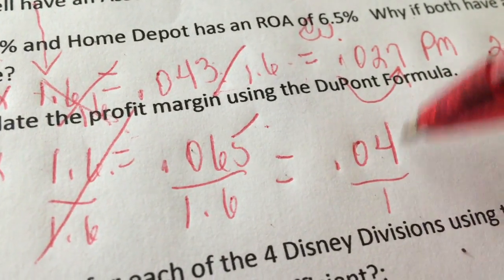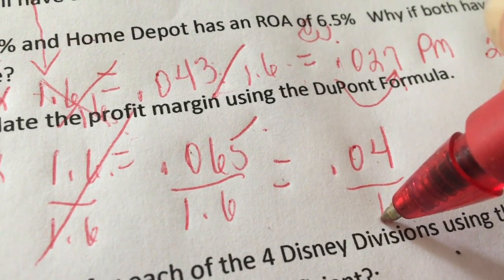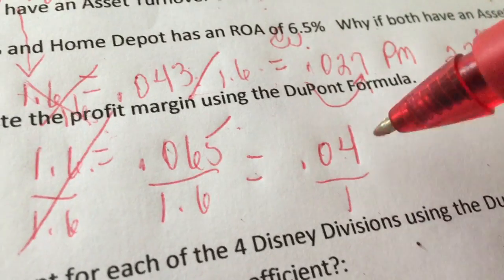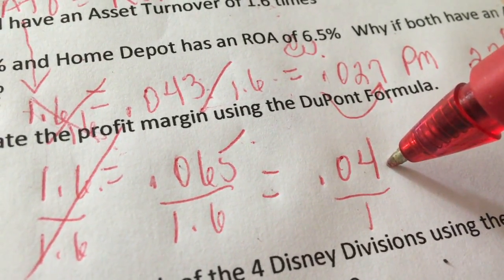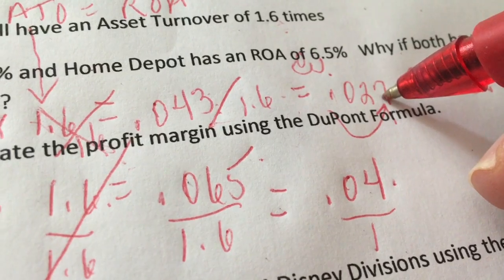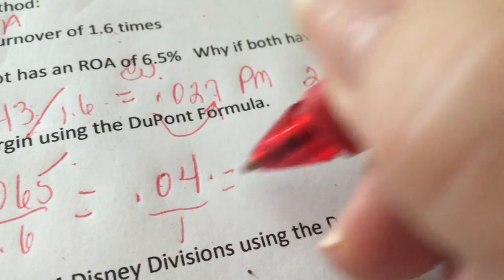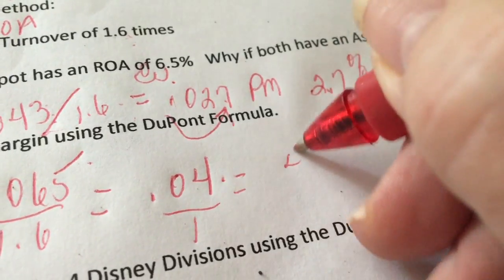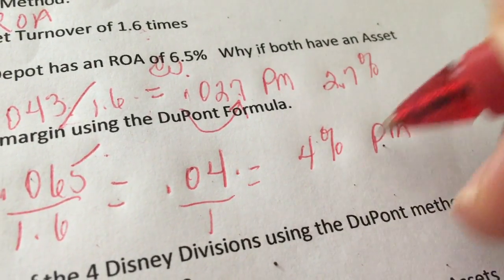That's your profit margin. That means that for every $1 of sales in this case, you're generating 4 cents in net income. That's higher than Dell, so Home Depot has a higher profit margin. You could move this 2 places to the right, and that would be 4%.